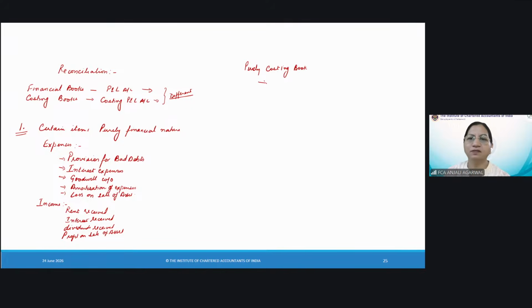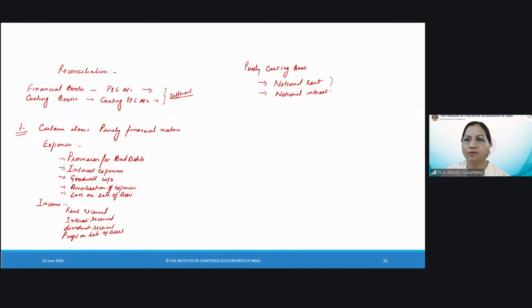Cost accountants will allow you a notional rent even if you are using your own building for business. Costing may allow a notional interest even if you are doing the business using your own money.